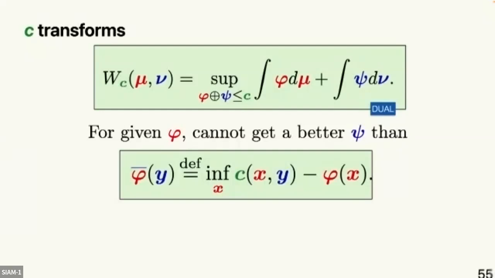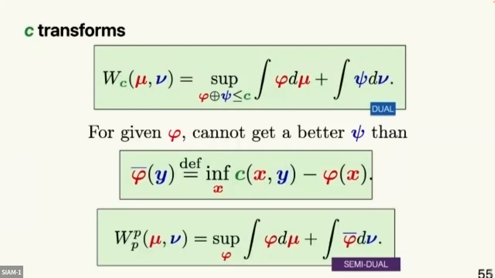So in other words, if I freeze phi, I cannot get a better psi than this function here, which I call the blue transform of phi, which is at every point y, going to be the smallest, the infimum over x of c(x,y) minus phi of x. So in other words, this is nice because I have simplified my optimization problem, because I have convinced you that for every phi that I choose, I can get the best possible blue function here.